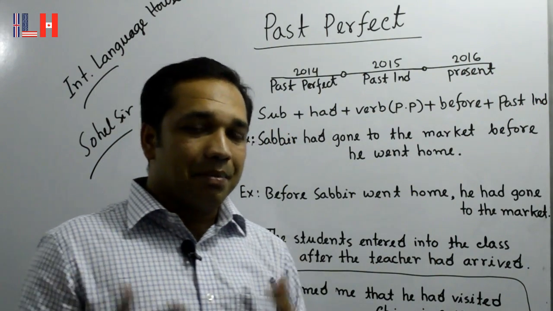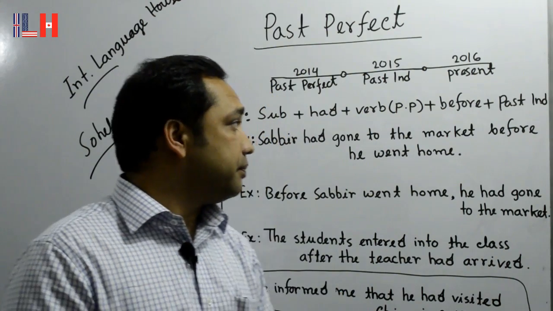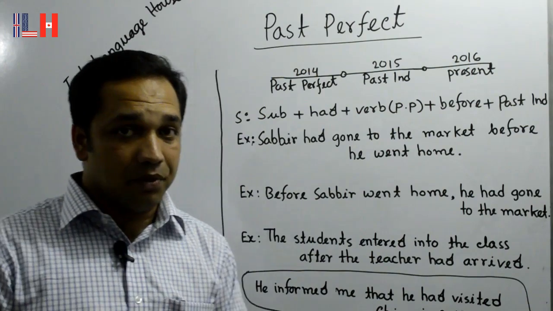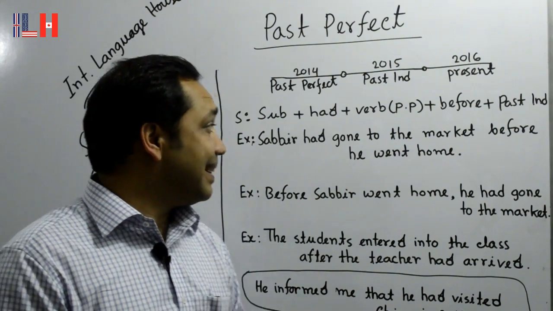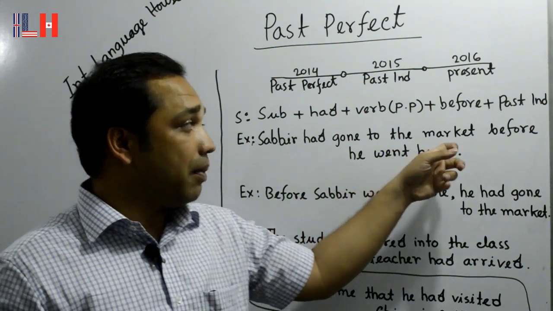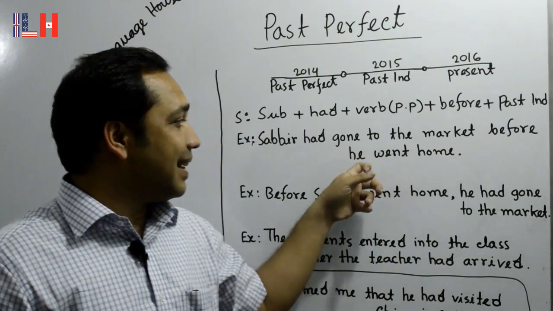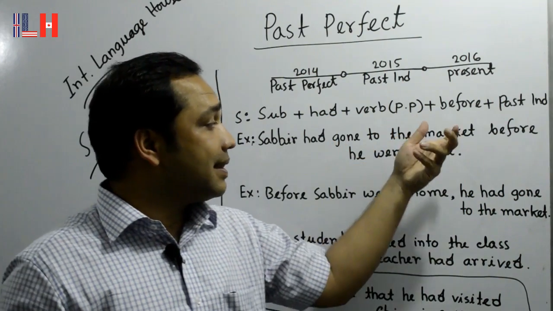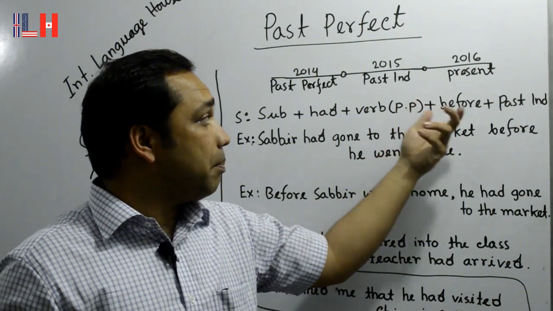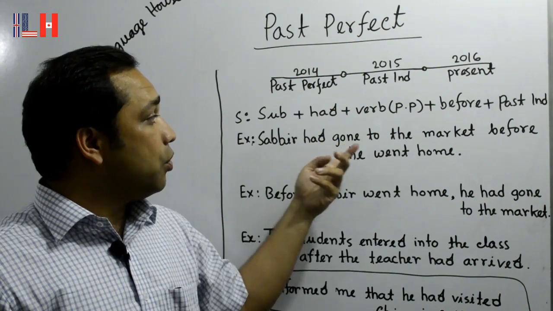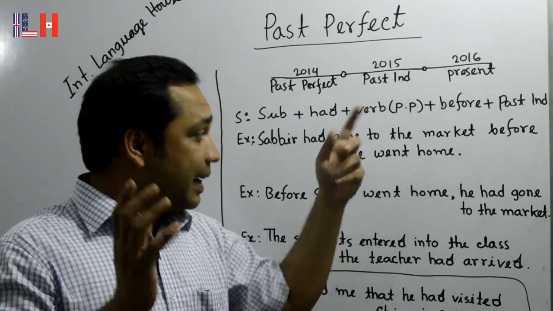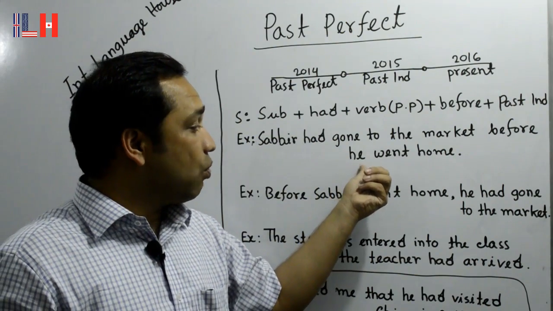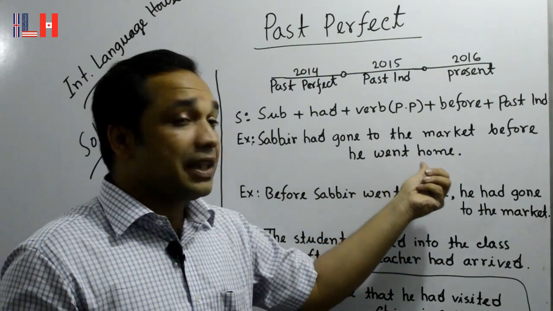Okay, let me give you an example. Maybe you are talking about Sabir, let me use his name. Sabir had gone to the market before he went home. Which incident happened first? Definitely he had gone to the market first, and then after finishing his market, he went home.